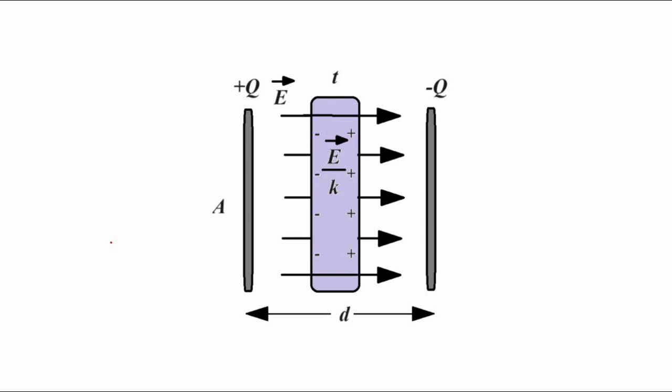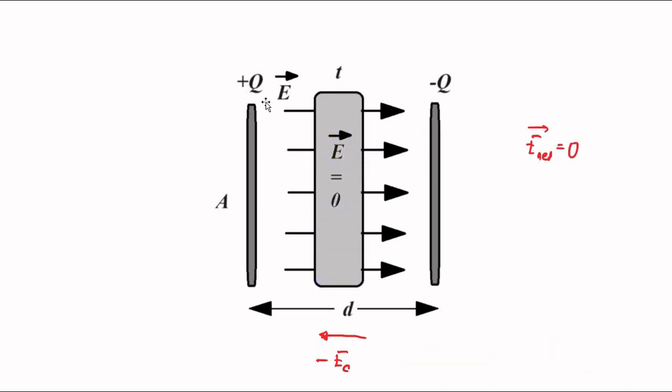This counter electric field will be equal to the external electric field divided by the dielectric constant or the relative permittivity, because of fewer charge carriers. So in this case, the external electric field will be able to penetrate the dielectric material, but in the conducting slab case, there will be no penetration of the external electric field inside the conducting slab.